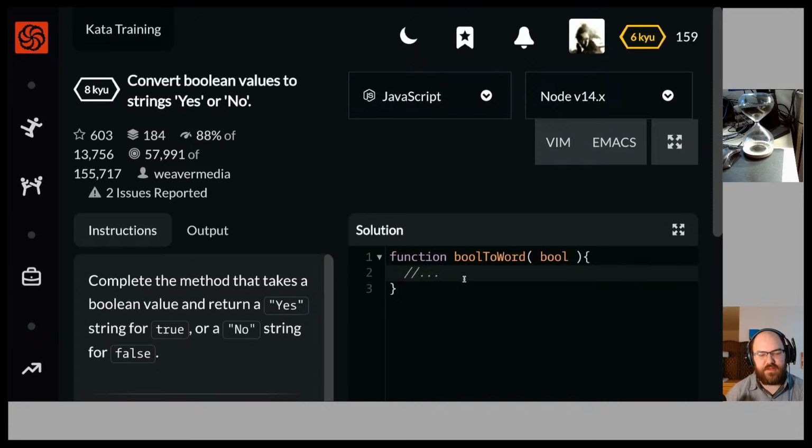So in this function, I know I'm going to need to return something. Let's put in a placeholder that just says yes. Dude, is it double quotes or single quotes in JavaScript?